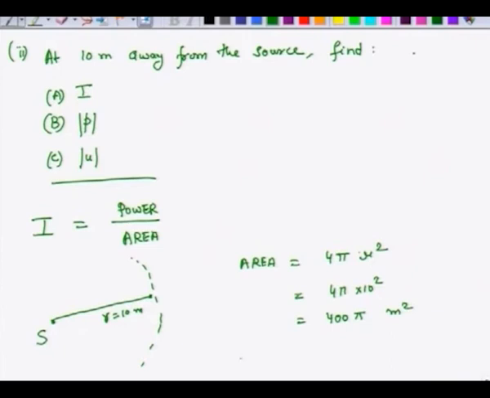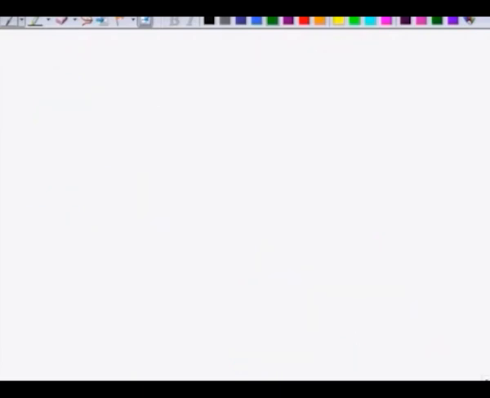Also, we know from our problem definition that the power for this particular source S is 5 watts. So, with this information I can calculate intensity as I equals power over area.